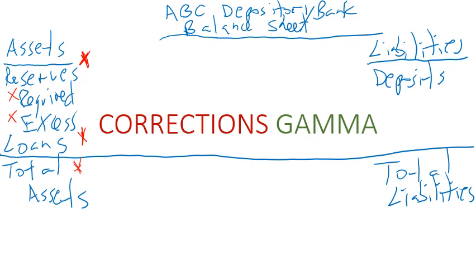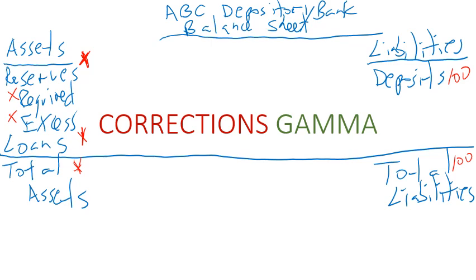So you remember my example in a previous presentation. We had deposits of 100, which meant that total liabilities are 100, which means that total assets must also be 100.